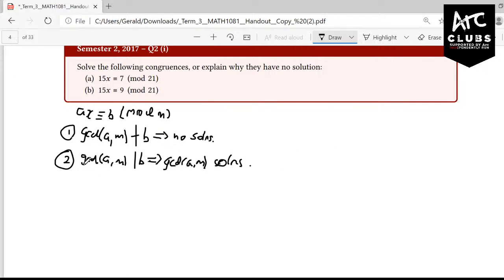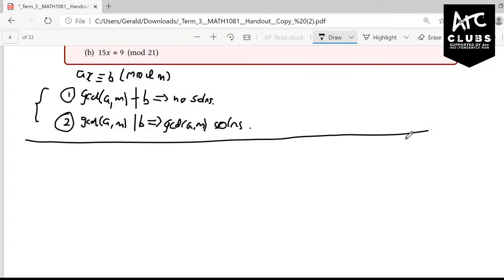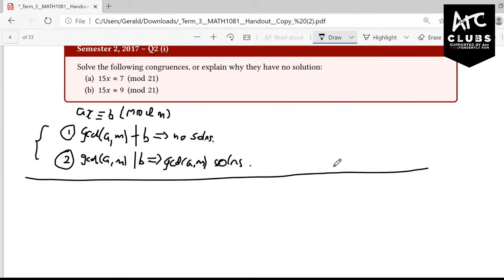So for example, if the greatest common divisor was 1, then you have 1 solution. If it's 2, then you have 2 solutions, and so on. Okay, so these 2 are the main cases that you have to think about in order to figure out if your congruence does have any solutions.